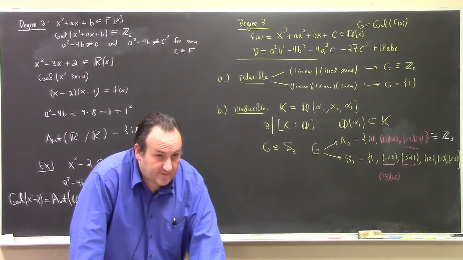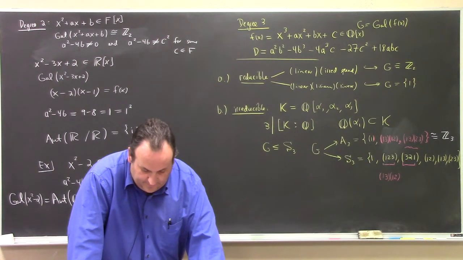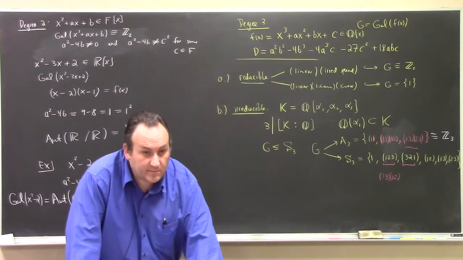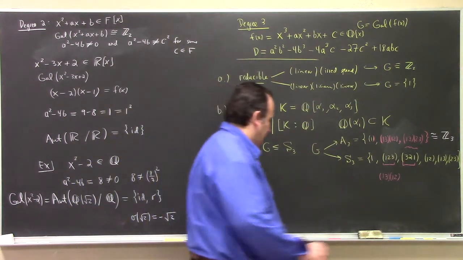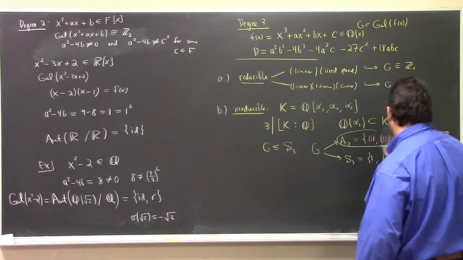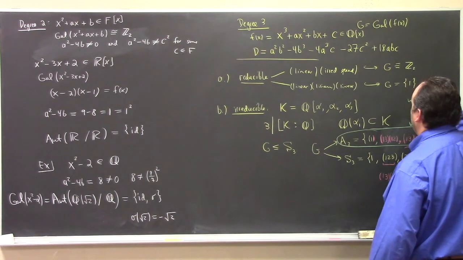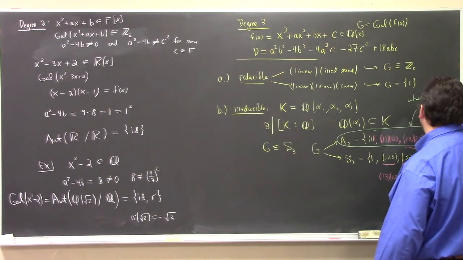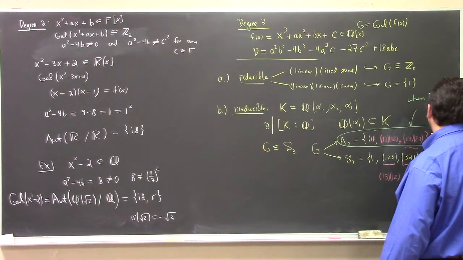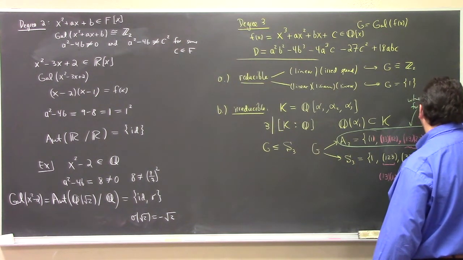The next paragraph kind of explains what the discriminant has to do with that. So he says that the Galois group is A3 if and only if the discriminant is a square. So this case right here is when D is equal to Q squared for some Q in the rationals in my current context.